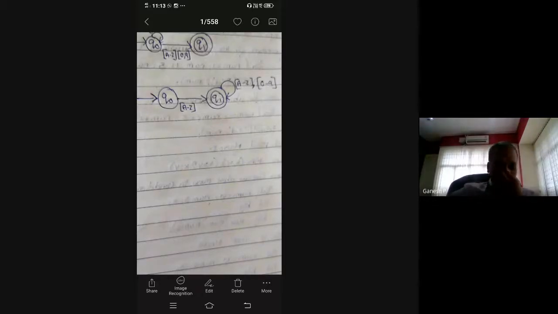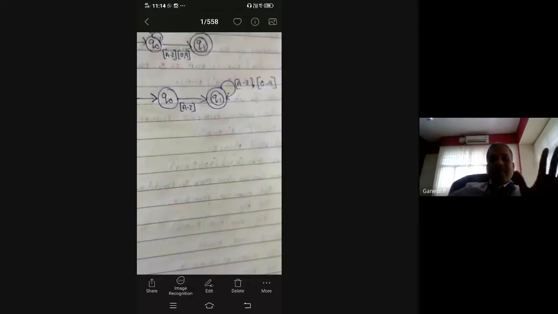So A to Z. Upon receiving A to Z, you reach Q1. That is also what we expect. Even if it is a single character, it should be valid. Not only a character, it can be a group of characters. After a character, I may get one more character, or one more number character. Any combination is possible.